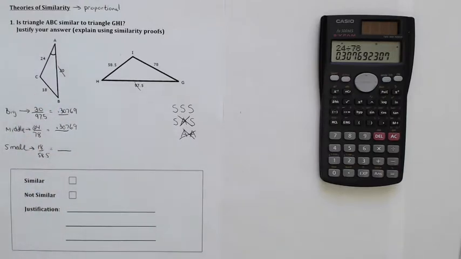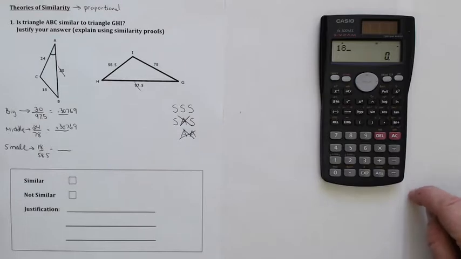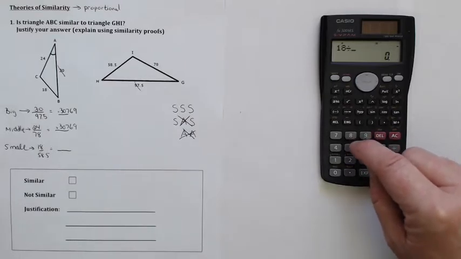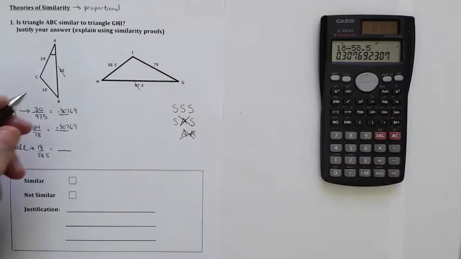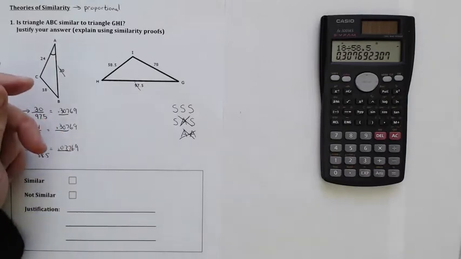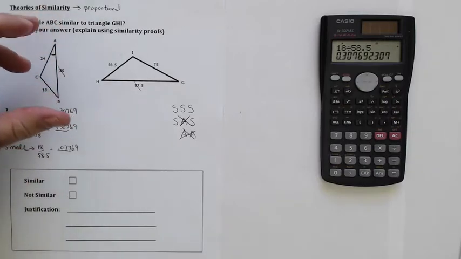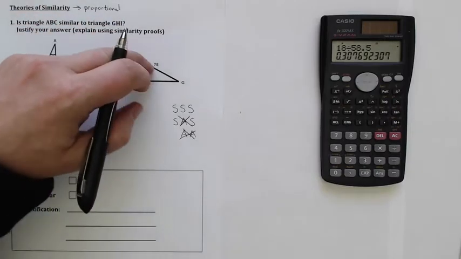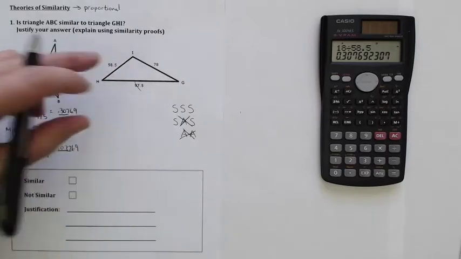It's looking good. Let's try this last one. 18 divided by 58.5. Look at that. 0.30769. In other words, this triangle is 0.30769 times the size of this triangle over here. Each one is about 31% of that one over there.